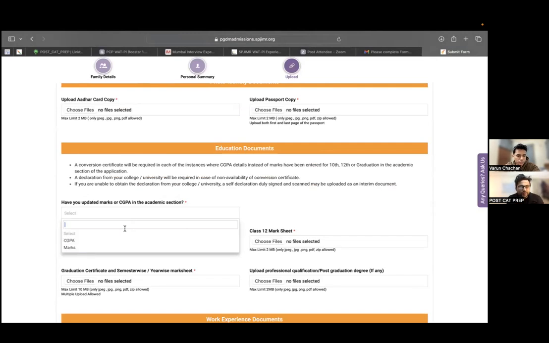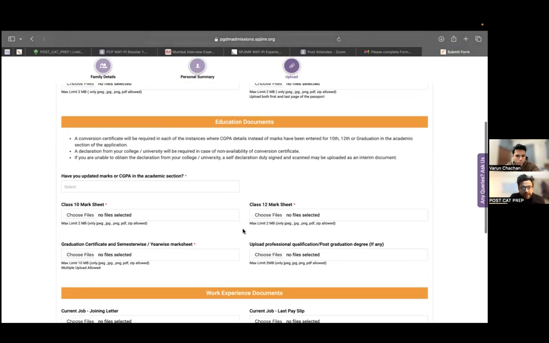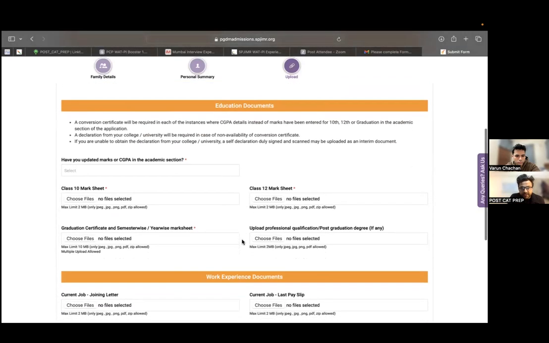Okay, perfect. So you can put it accordingly. So you have to put in your graduation certificate and semester-wise, year-wise mark sheet. So that has to be compiled and uploaded. Sir, one question. For semester-wise mark sheet, do we compile it all in one PDF? Yes, so all the mark sheets in one PDF, and we have to upload it here.